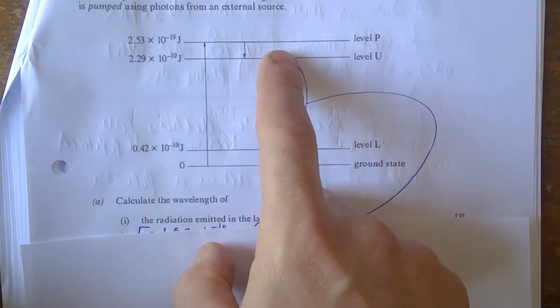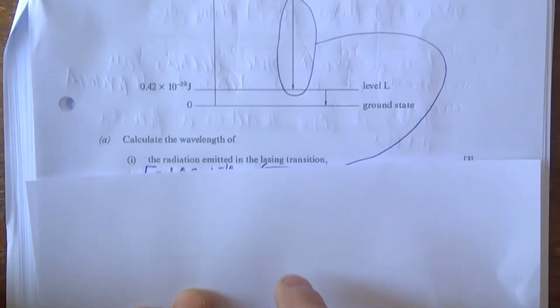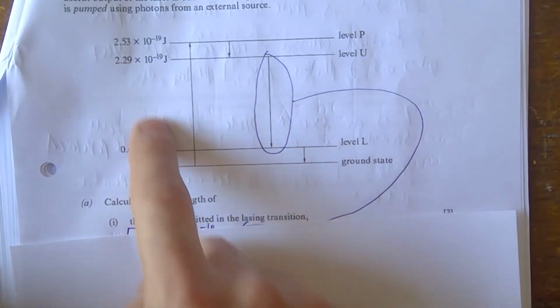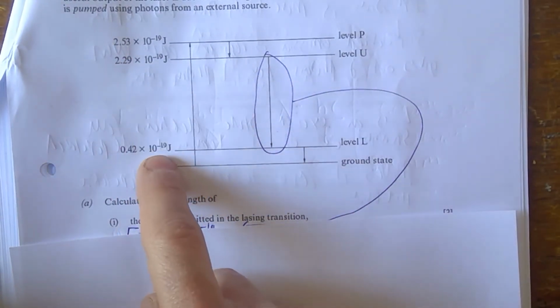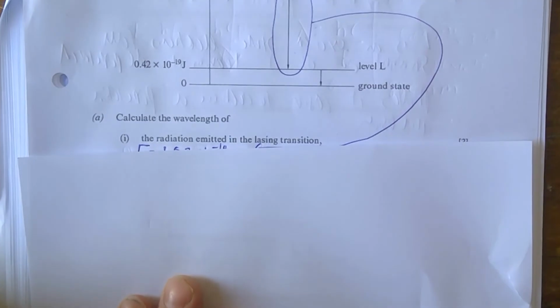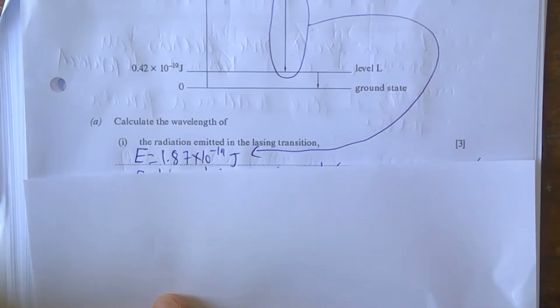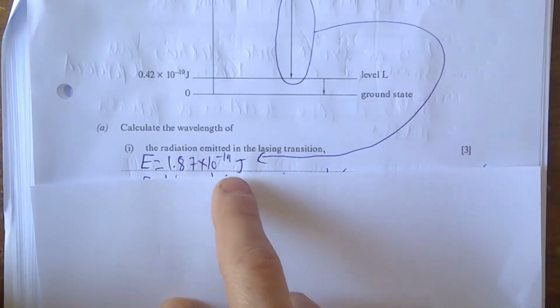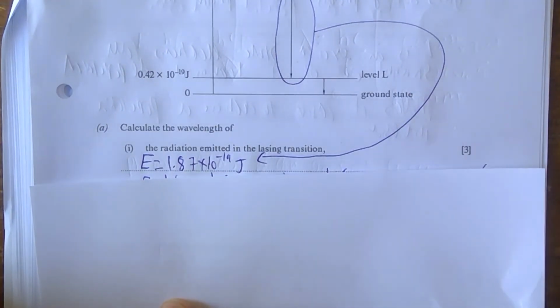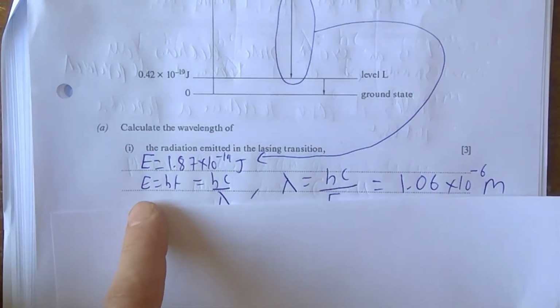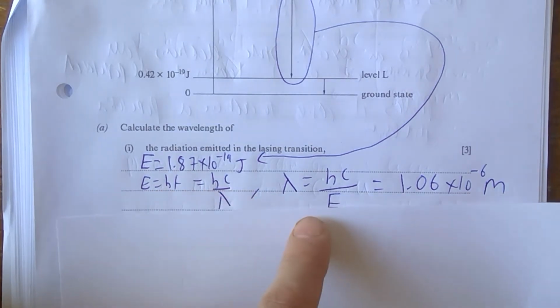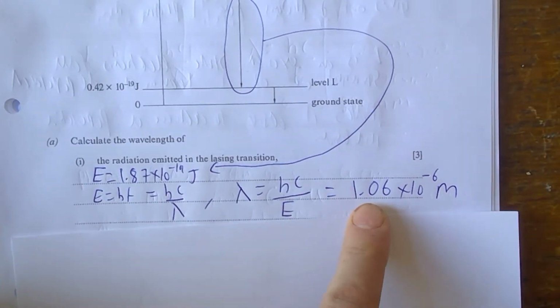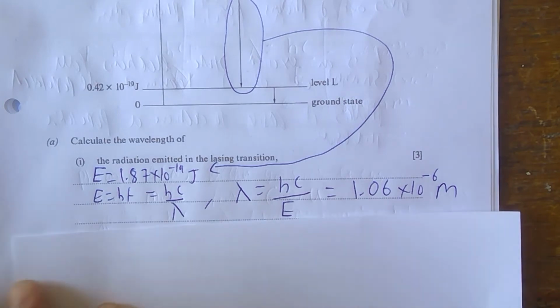That's when electrons drop from the metastable state. So we need to think about this transition. The energy of the photons released is the difference between those. 1.87 times 10 to the minus 19 equals hf equals hc over lambda. Rearrange for lambda. You should get 1.06 times 10 to the minus 6 meters.